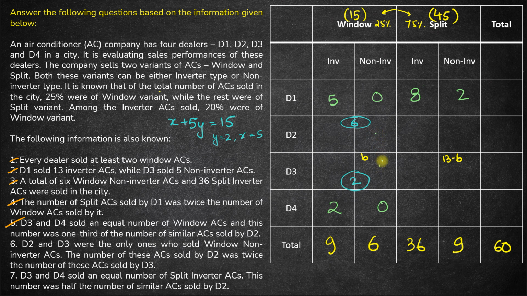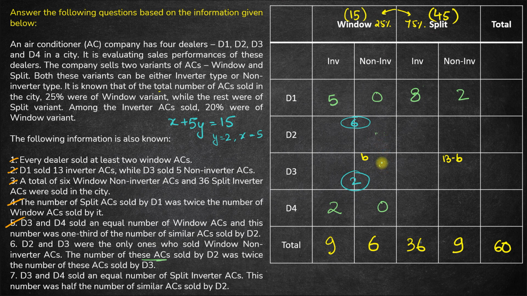These two together are some values. What are these values? Let's figure out. So D2, D3 were the only ones who sold window non-inverter ACs. Cool. And the number of ACs sold by D2 is twice the number of these ACs sold by D3. So the number of these ACs, as in window non-inverter ACs, D2 sells twice of D3. Okay.